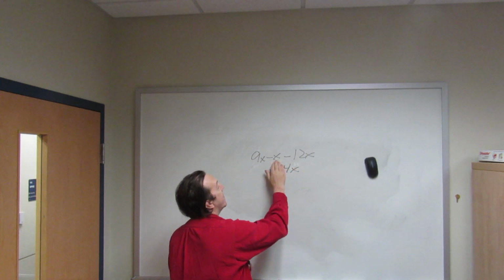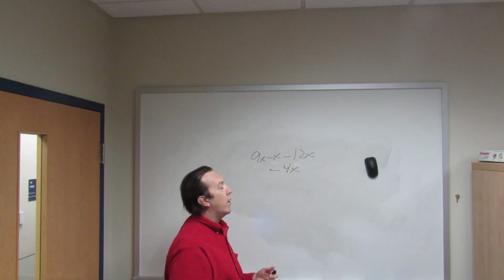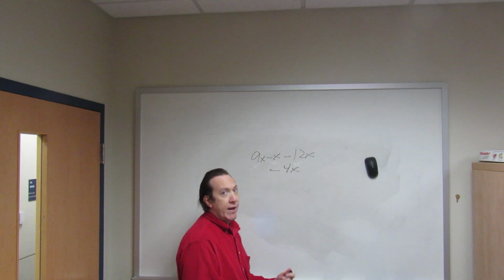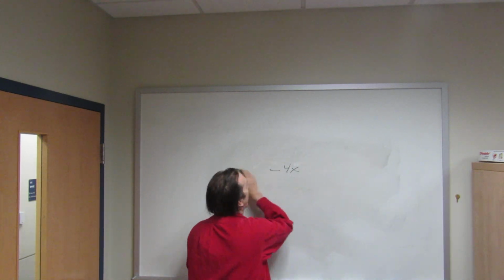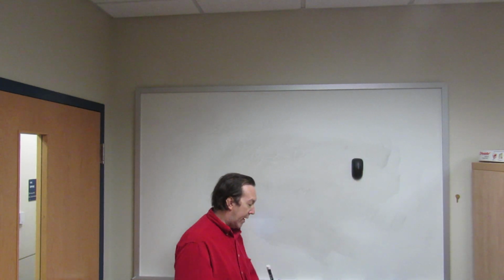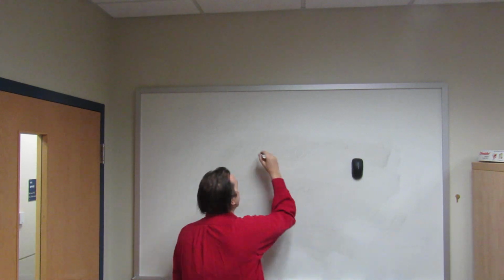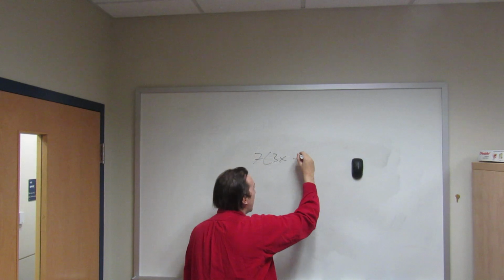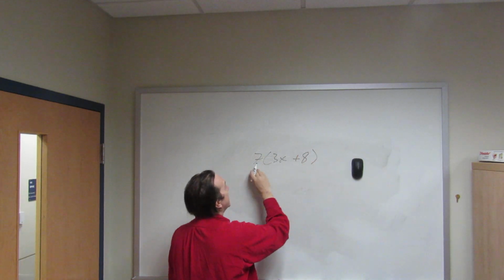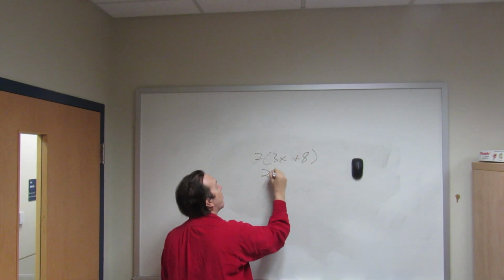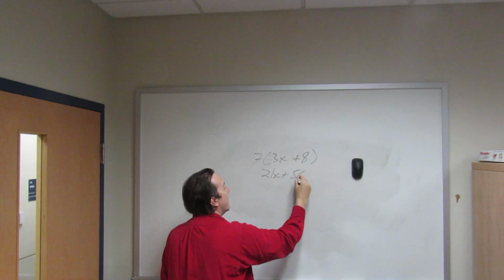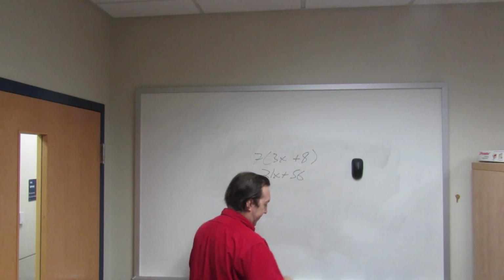You could also say negative 1 minus 12 is negative 13, plus 9 is negative 4. It doesn't matter what order you do those because they're all like terms. Let's say we have 7 times 3x plus 8. 7 times 3x is 21x, plus 7 times 8 is 56.